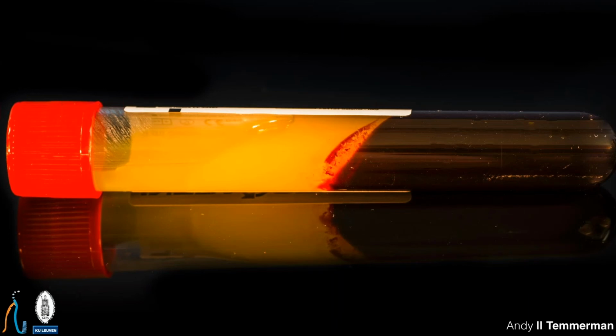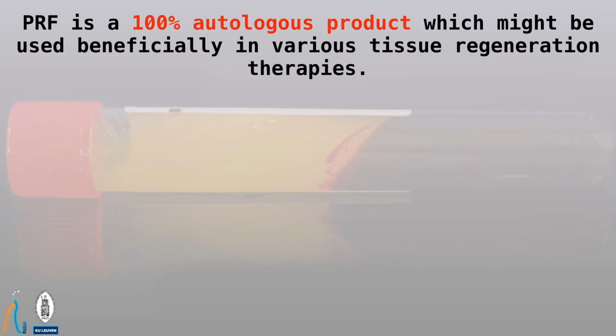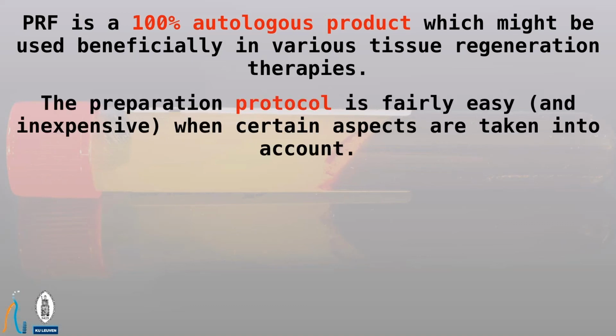So as a couple of take-home messages, I would say that PRF is a 100% autogenous product, which might be used beneficially in various types of tissue regeneration therapies, and we have just seen a couple of them. The preparation protocol is fairly easy if you take certain measurements into account, and quite inexpensive.